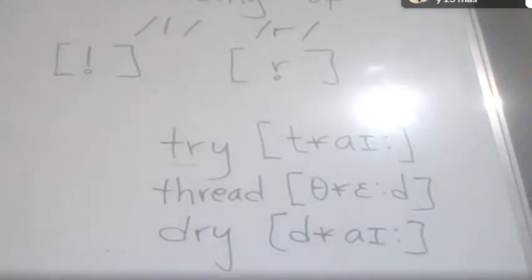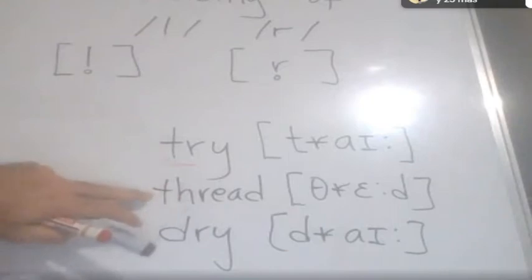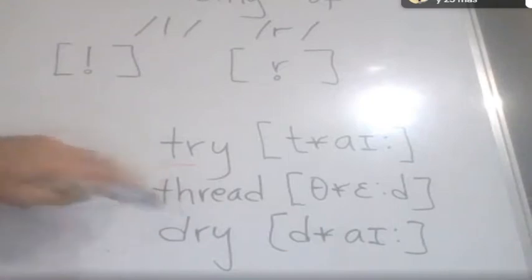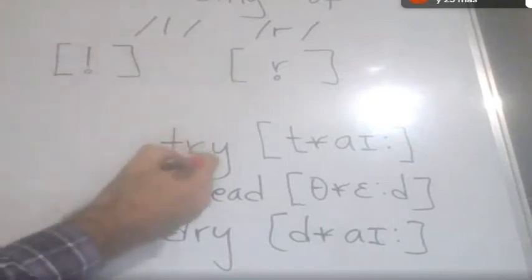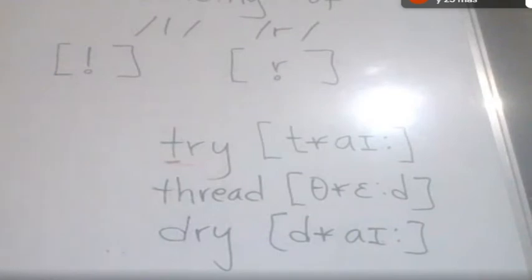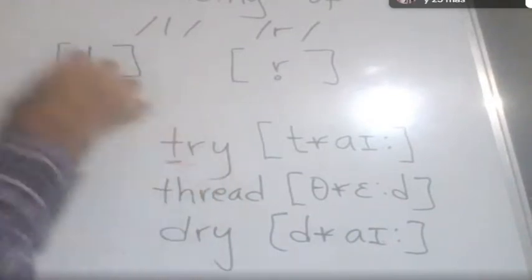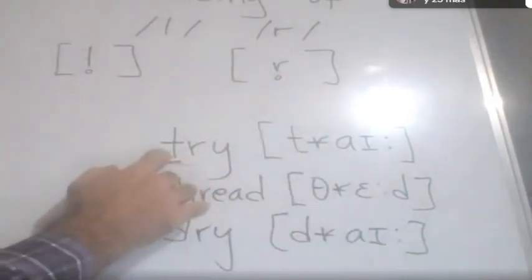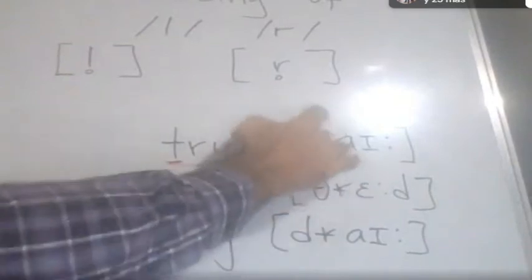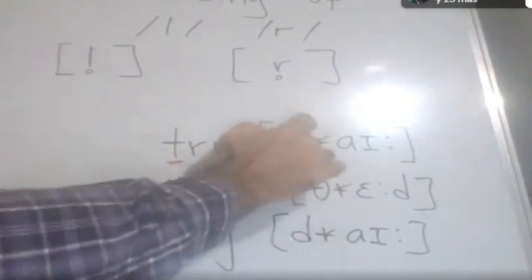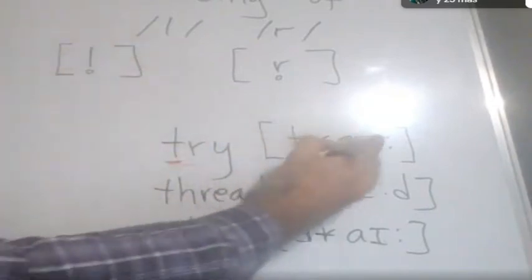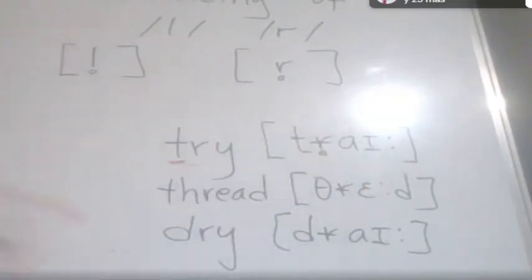What does that mean? It means that in "try", this is a voiceless stop right here. Coincidentally, this same sound makes it fricative, so the R after T gets fricative, but it also gets devoiced.